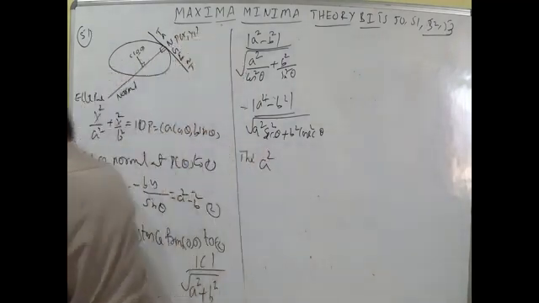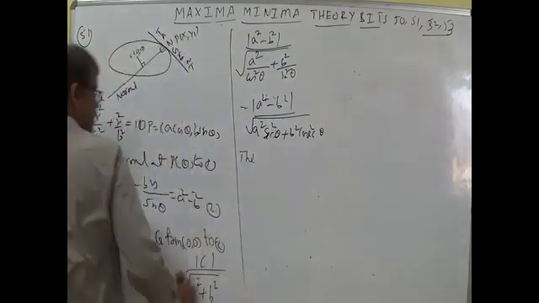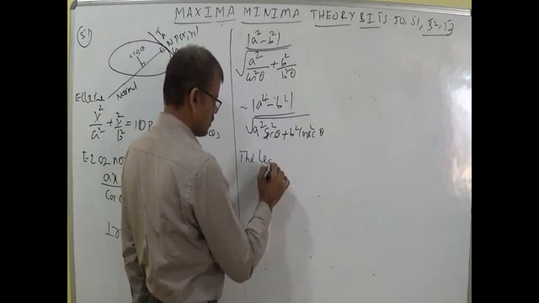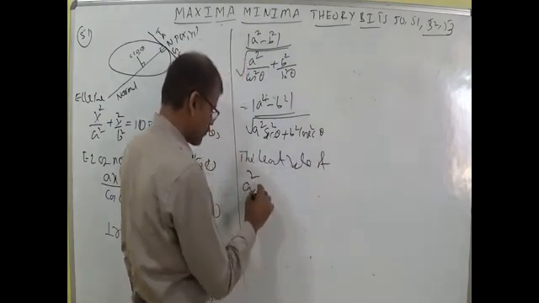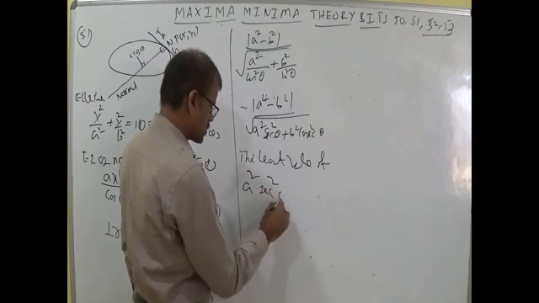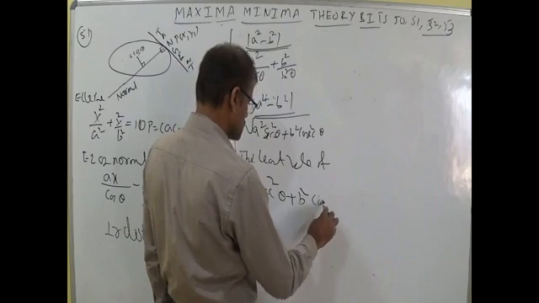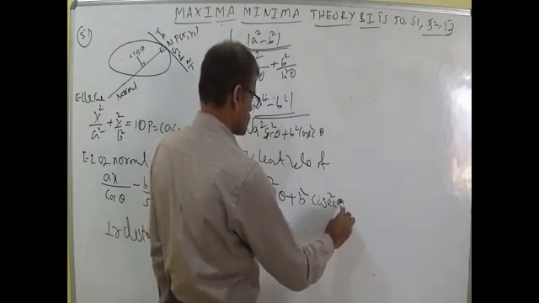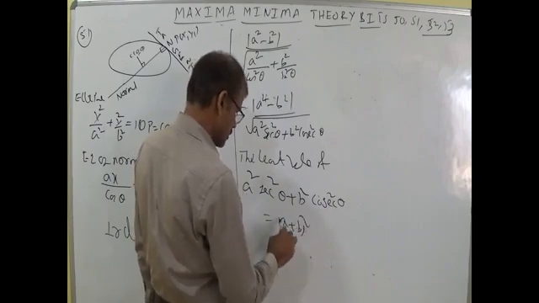Least value of a square secant square theta plus b square cosecant square theta is equal to a plus b whole square.